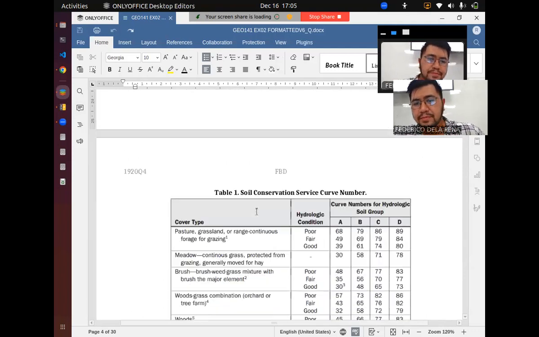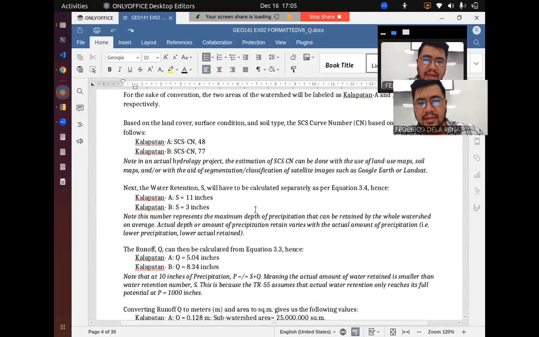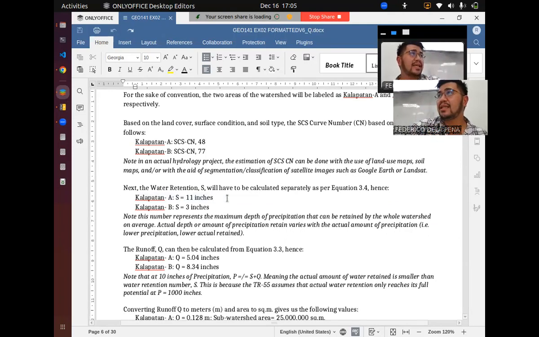So we have like 10.8 inches. Basically, that is the inherent capacity of your soil. That's its maximum capacity for water storage whenever you get some rain. So when you have a rain, this cover can intercept as much as 11 inches depth of rainfall.